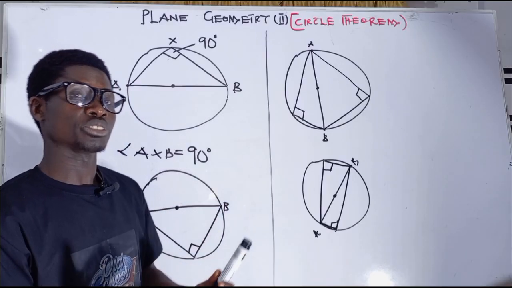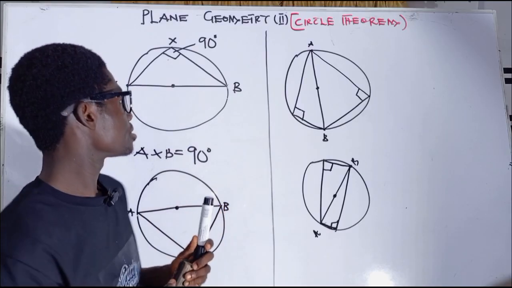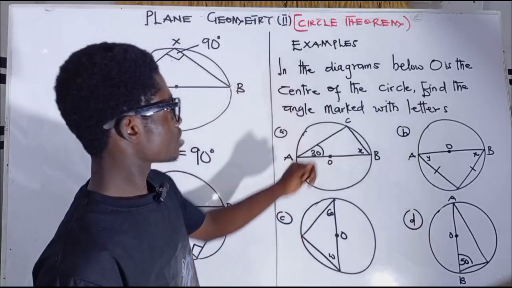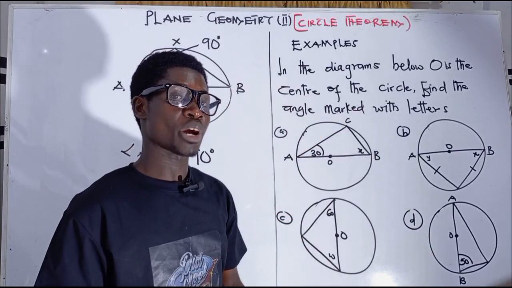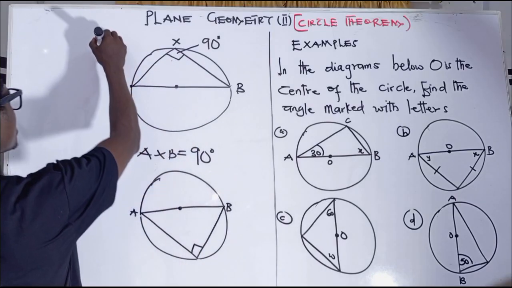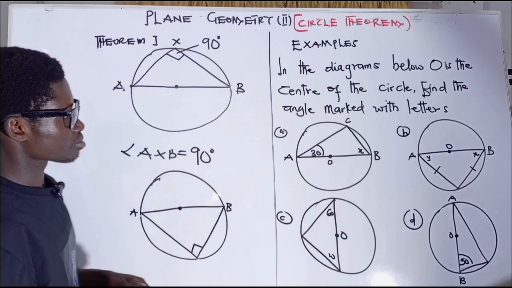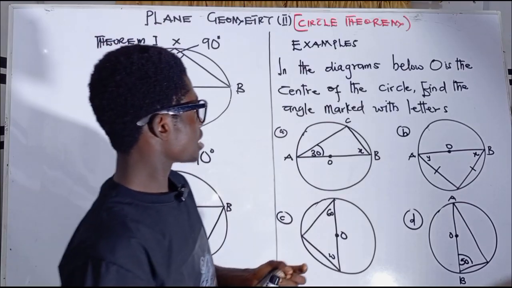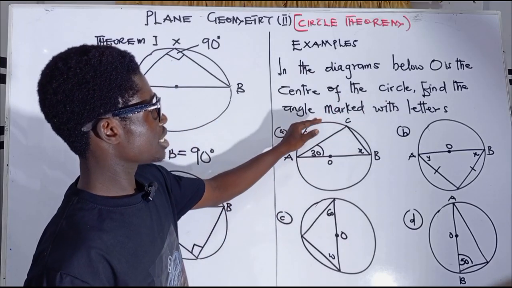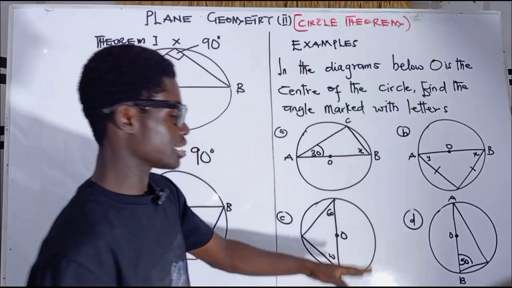The questions that we are going to take are based solely on the first theorem. These are a few examples that we are going to look at under theorem 1. The question says that in the diagram below, O is the center of the circle. We want to find the angles marked with letters.